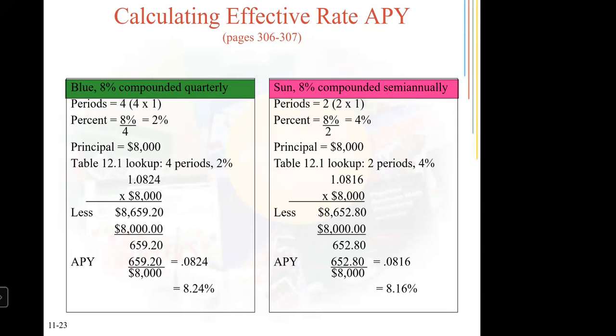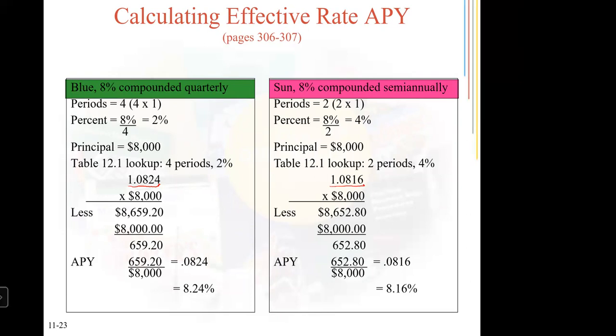So if you use the same principal for both, 8,000, you look up the value on the table. For the first bank, the table factor is 1.0824. For the second one, it's 1.0816.